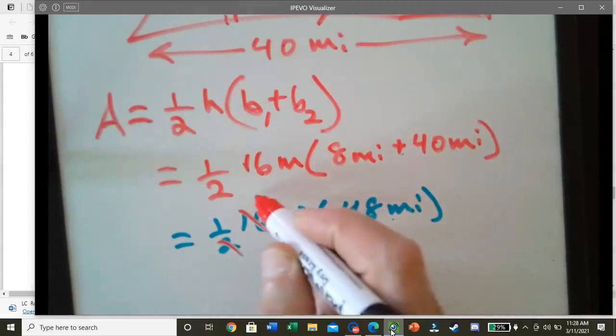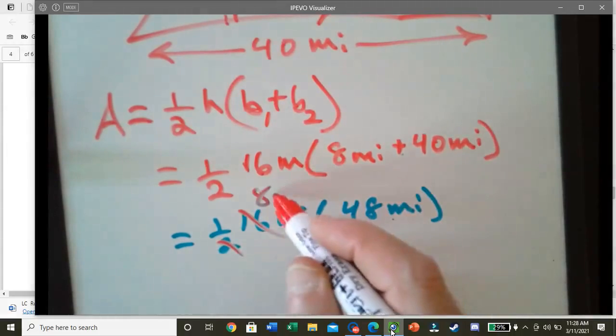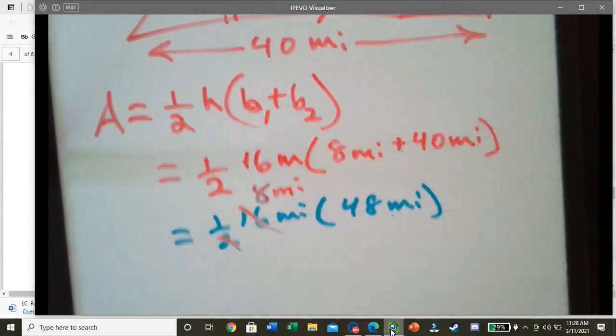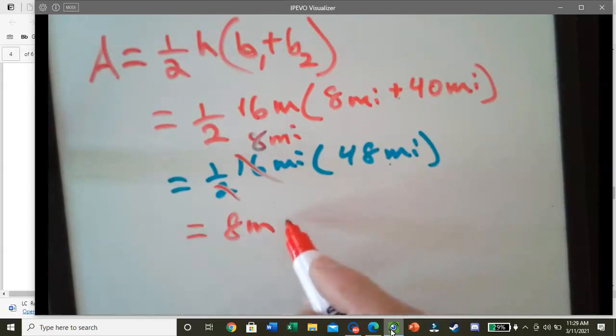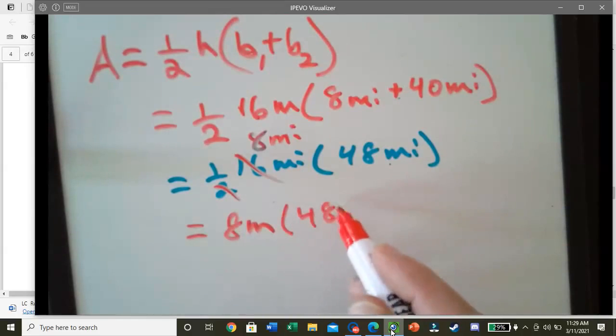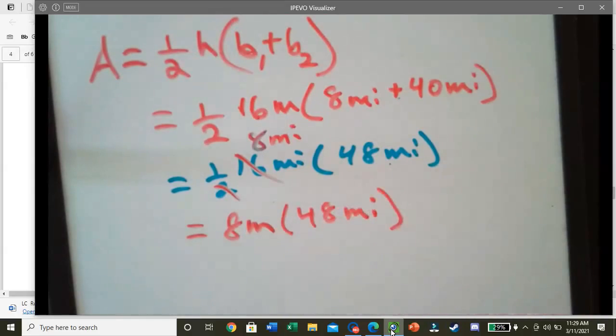But we'll put in 16, and that's 8. So now we have 8 miles times 48 miles. Okay, and so we end up with, what was that, 20, right?